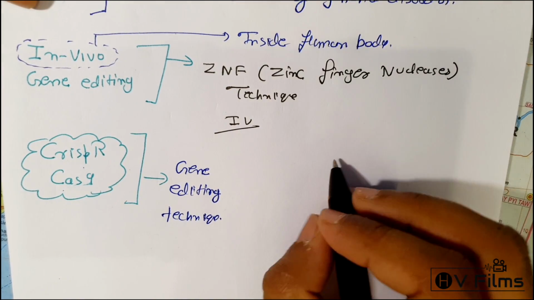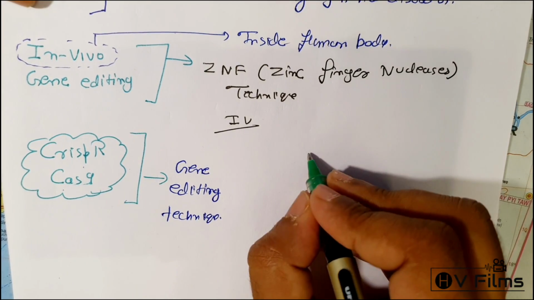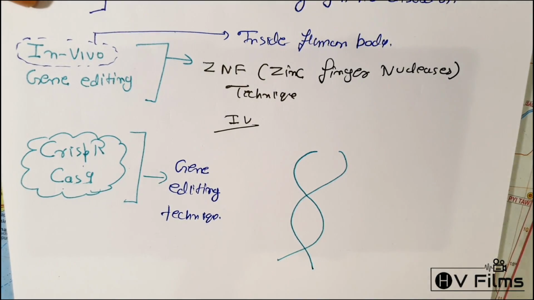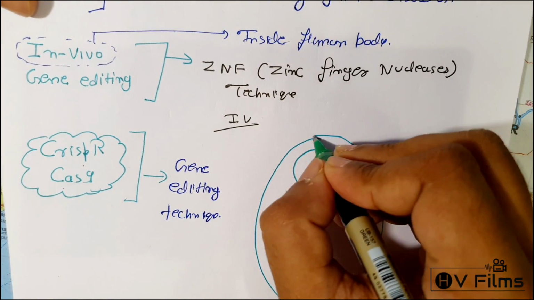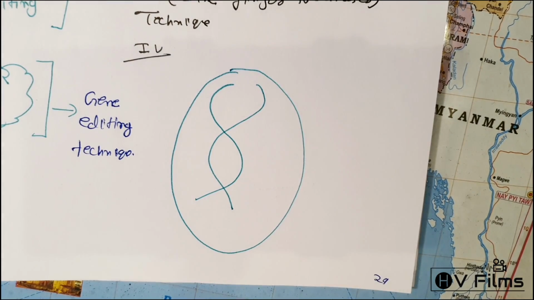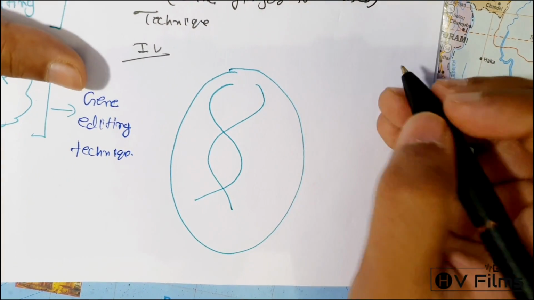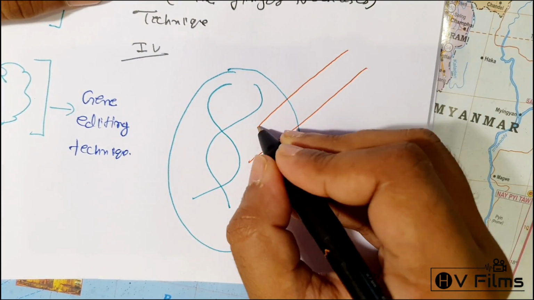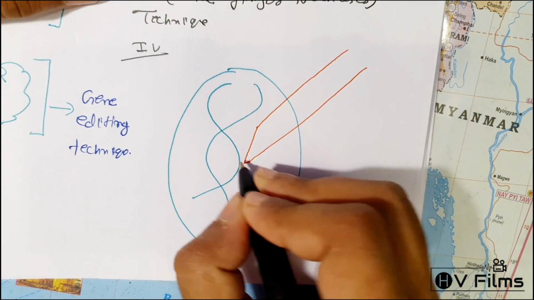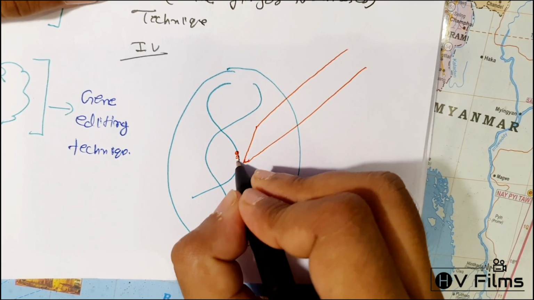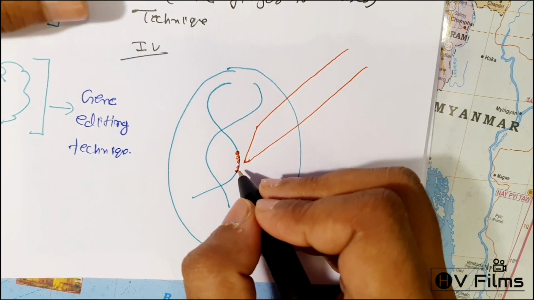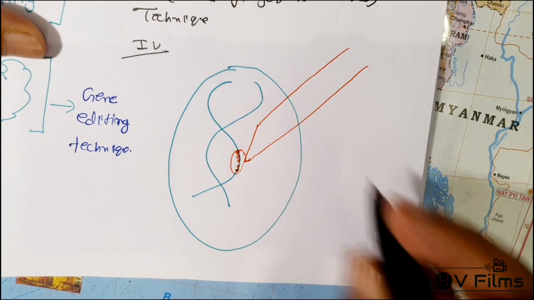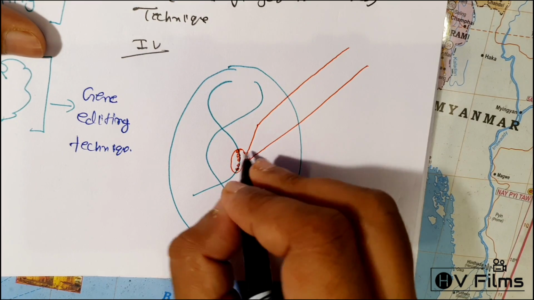So if this was a helix, I will use the CRISPR technique and through that I will remove this part, which is the faulty genetic part, at a targeted location. I will remove this and replace it with this.